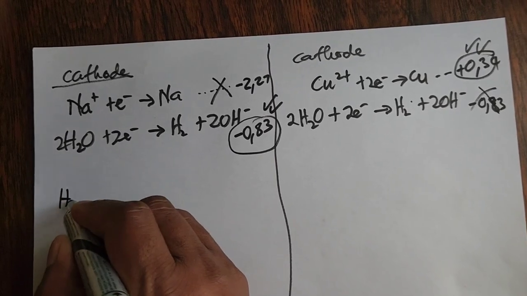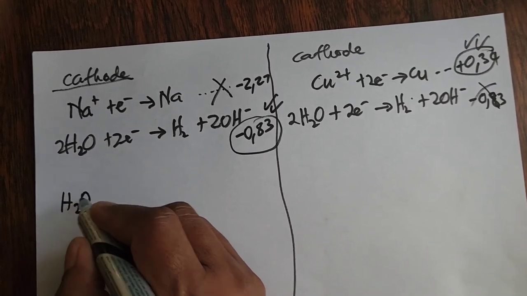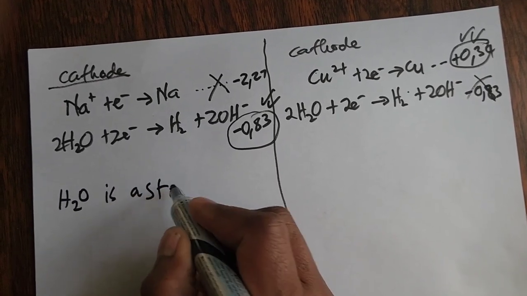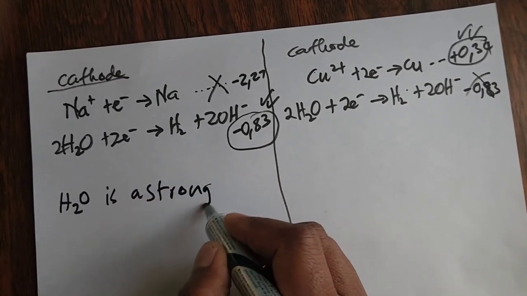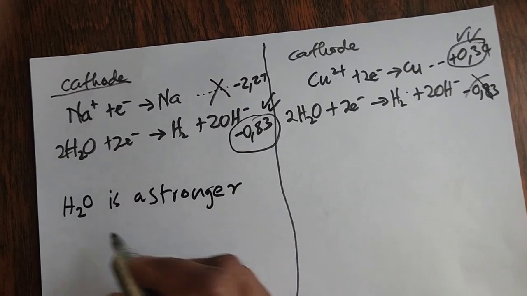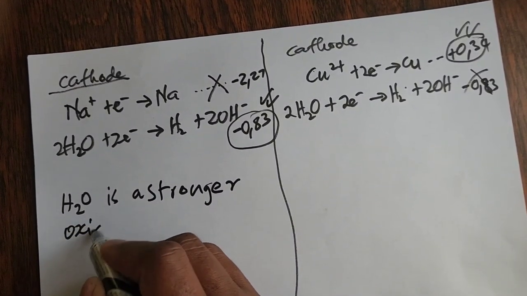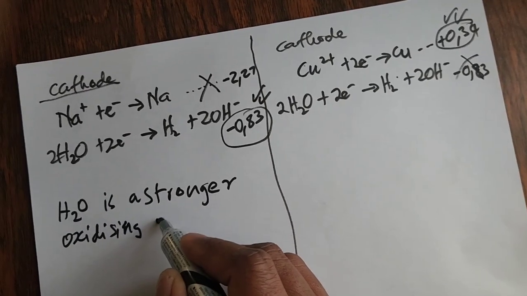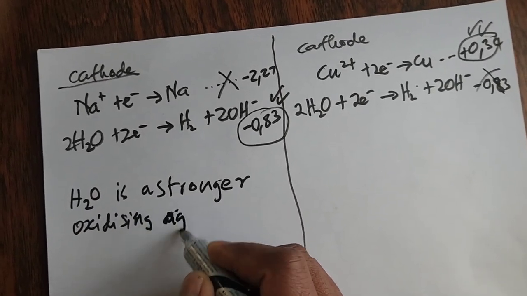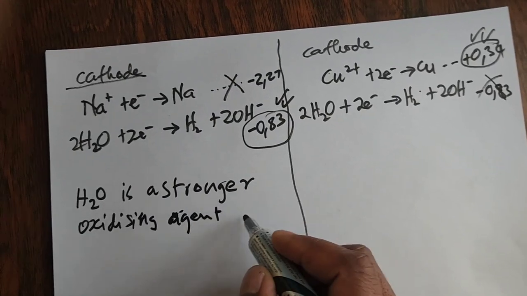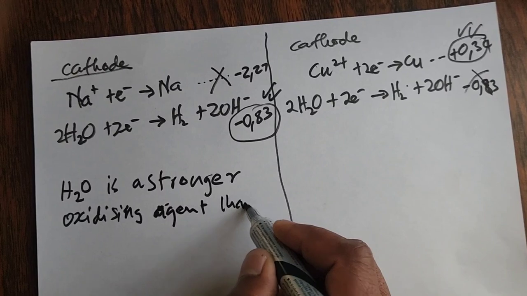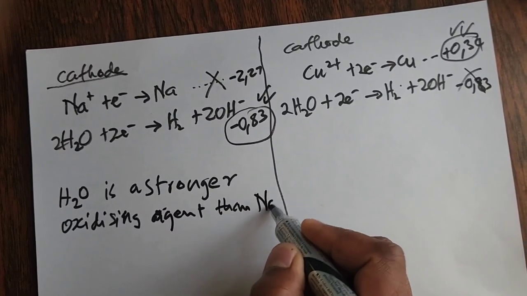water is a stronger oxidizing agent. Remember, all oxidizing agents are on the left hand side of the double arrow than sodium ions.